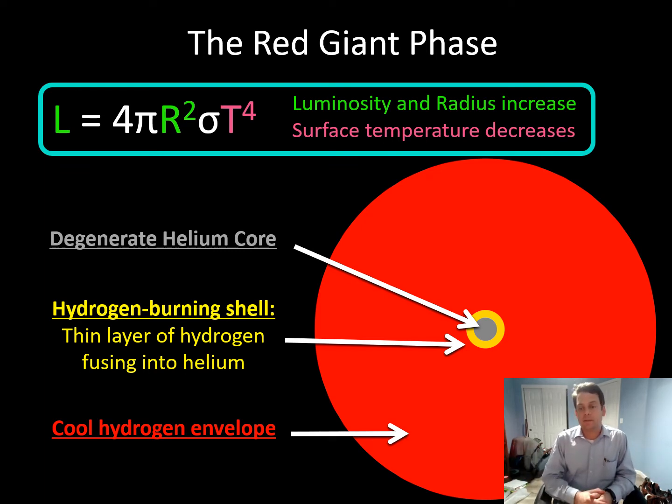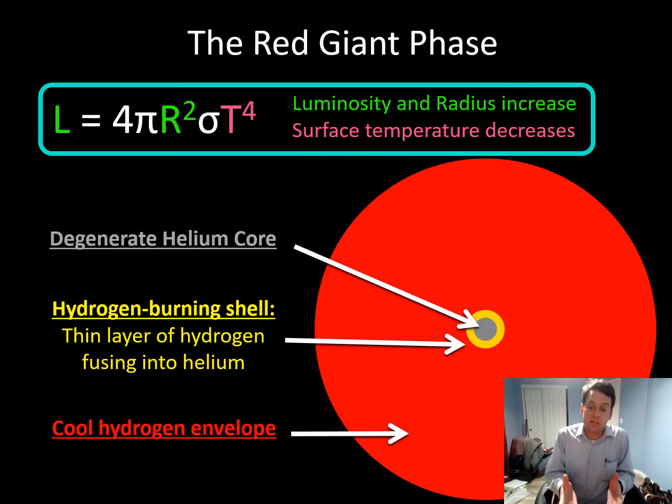And so we could crunch the numbers and say, what happens if you increase the radius by a factor of 50 and you decrease the temperature by a factor of 2, say, and it turns out that the radius wins. And so the net result is that even though the surface temperature of the star has fallen, the luminosity has gone up quite a lot.